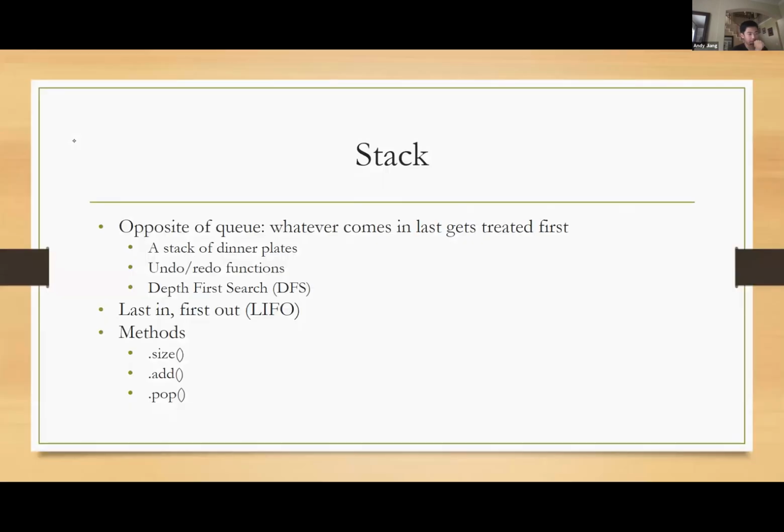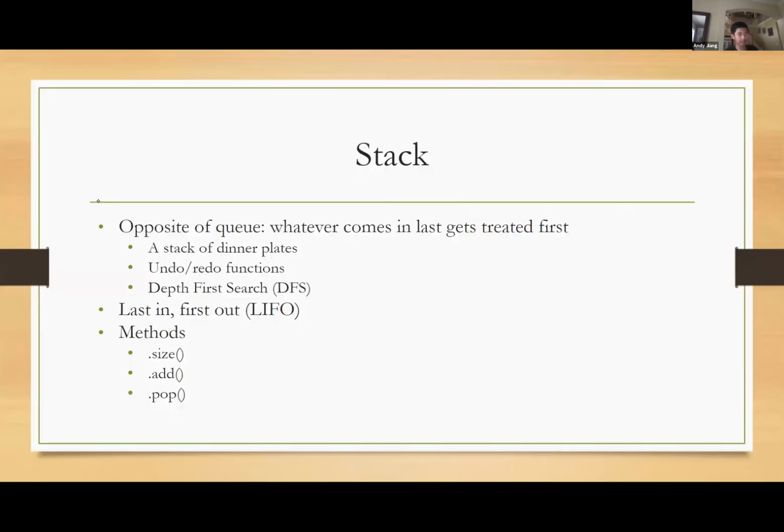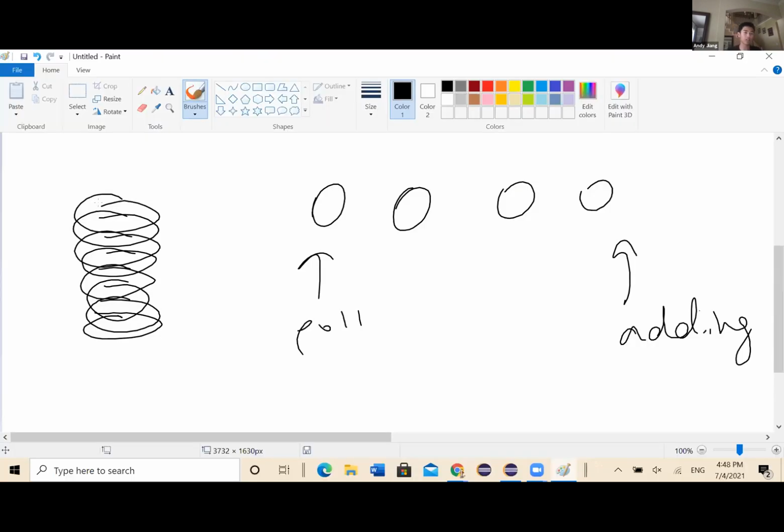Another example of a stack is actually something I just showed, which is the undo and redo functions. Notice that when I draw things, this is like putting something inside of a stack. And the terminology for that, which I didn't write on the slide, is called pushing something onto the stack, which is like pushing it onto the top of the stack. I would be pushing plates onto it.